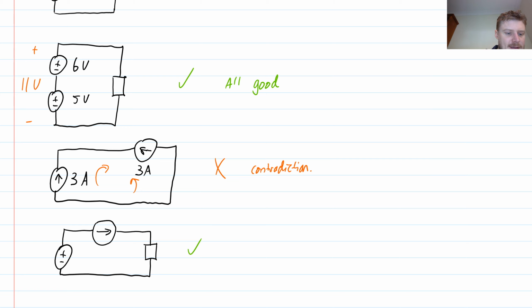Let's label them. Let's say this one here is 12 volts and this one here is 1 amp. Then there will be 12 volts supplied by the voltage source, and the current source will supply whatever voltage is needed to produce 1 amp. Again, the voltage that is needed will depend upon the rest of the circuit. But in combination, this is all okay.